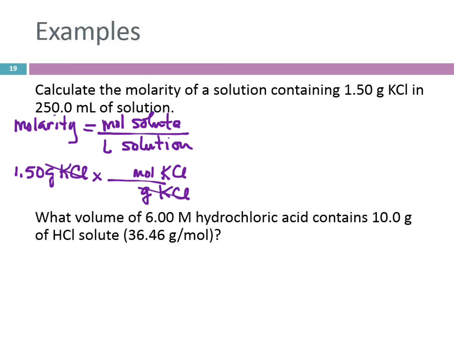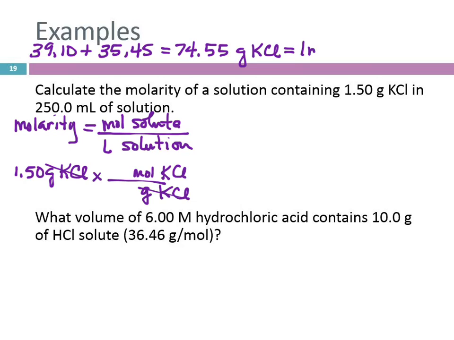So we look at the periodic table. Potassium is 39.10. There's 1 K in the formula. And chloride is 35.45. There's one of those in the formula. We add those together. 39.1 plus 35.45, 74.55 grams of KCl is equal to 1 mole of KCl.